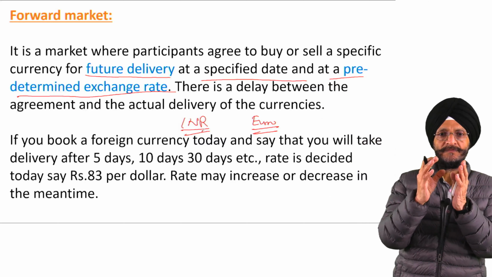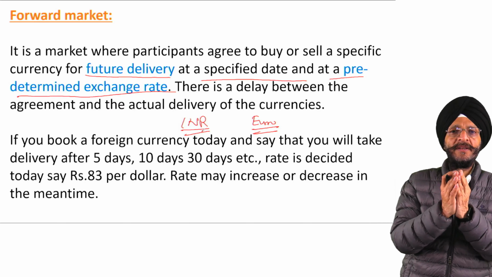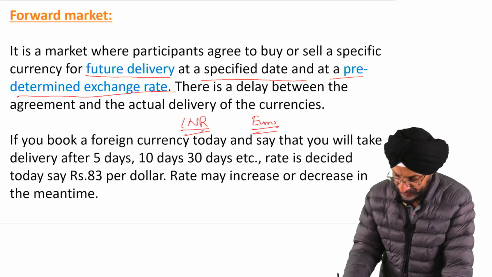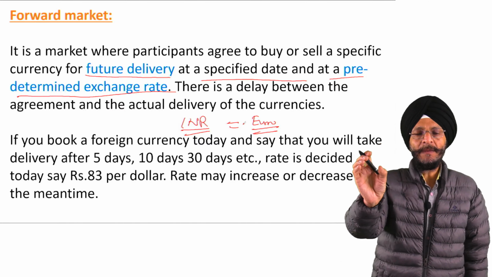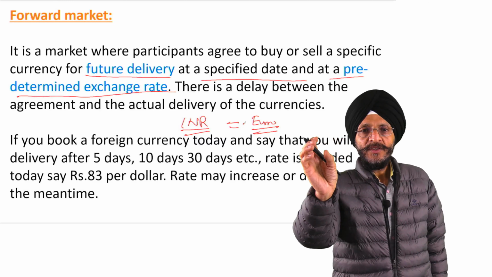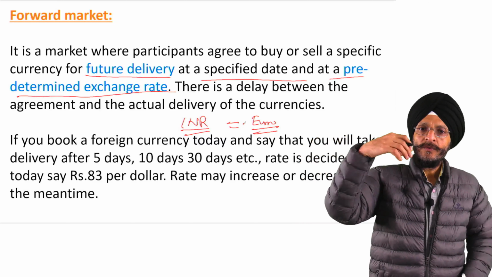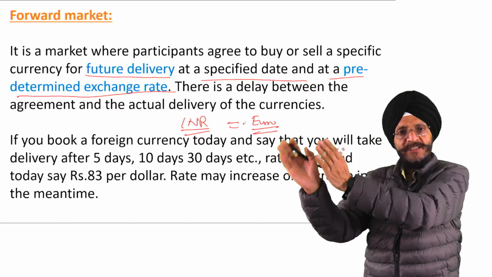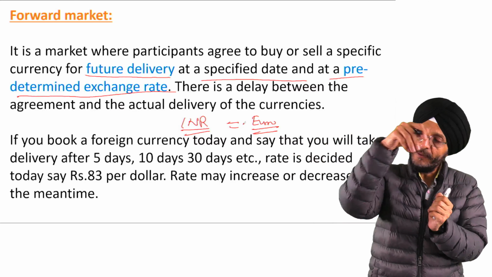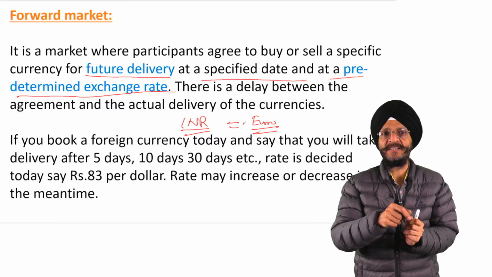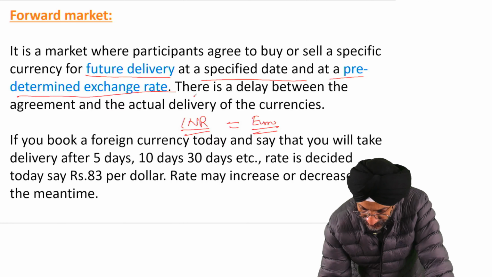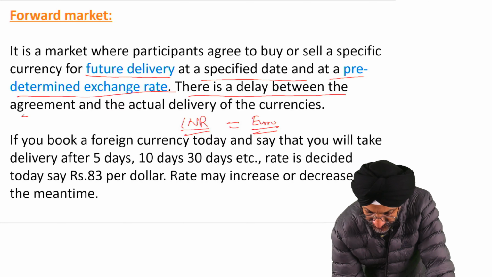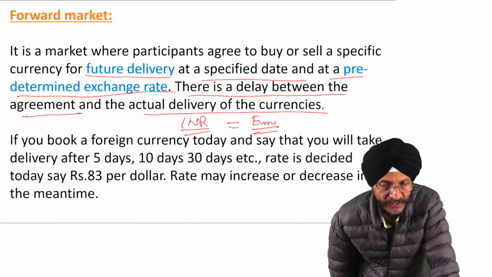So we will determine that at this particular price, I will be purchasing euro by this date at this price. The price is determined at present. In the forward market, there is a delay between the agreement and the actual delivery of the currency.